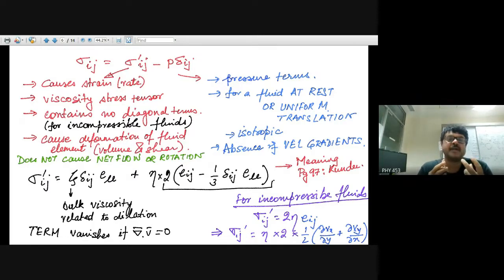So if you have a fluid element, other than the body forces, you can also have forces which act on the surface of a fluid element, and both this and this act on the surface of a fluid element, but this acts even when a fluid is in motion or static, and this acts only when a fluid is in motion.